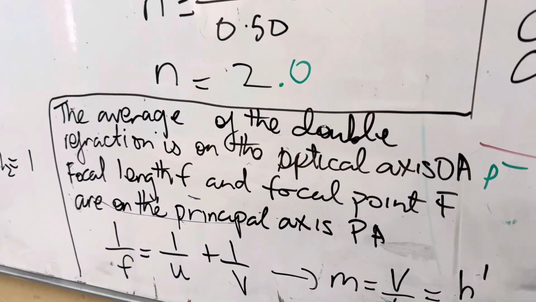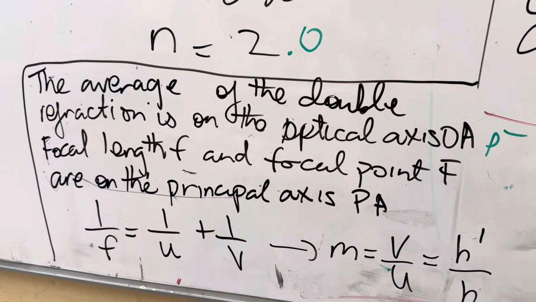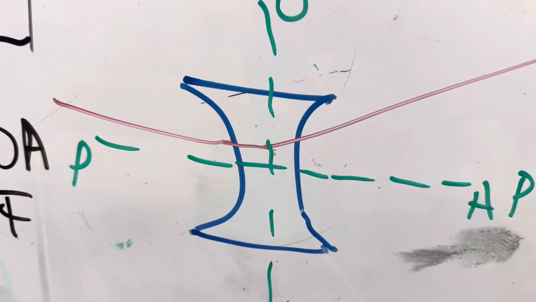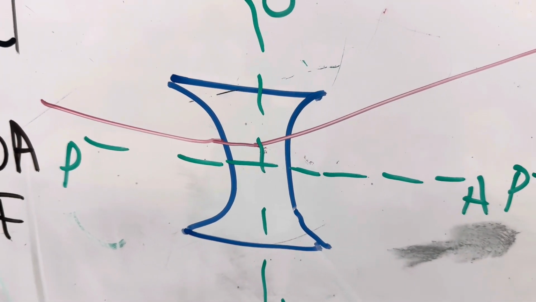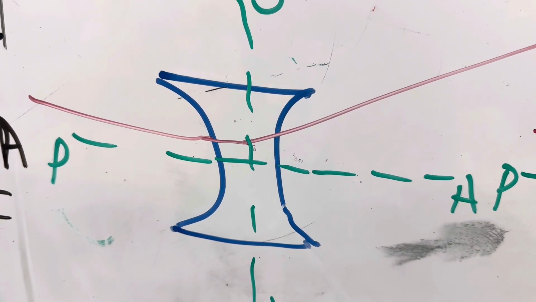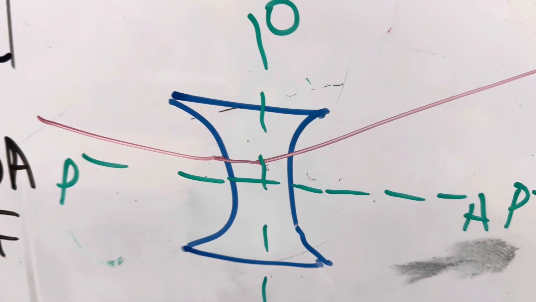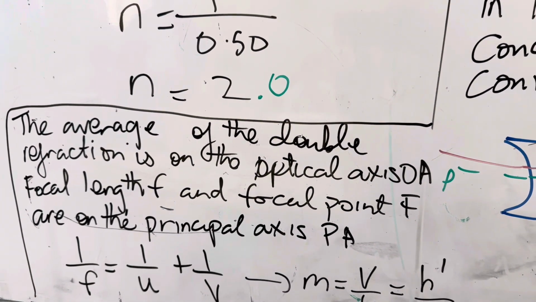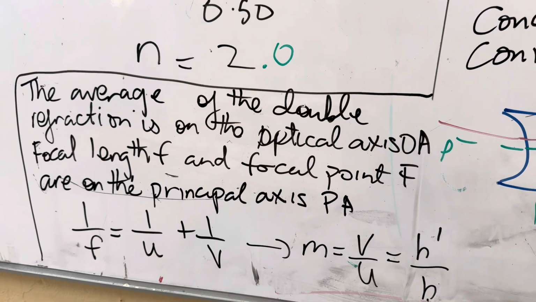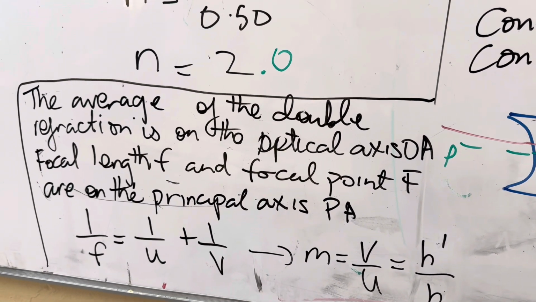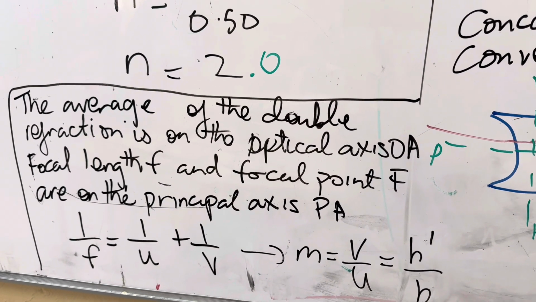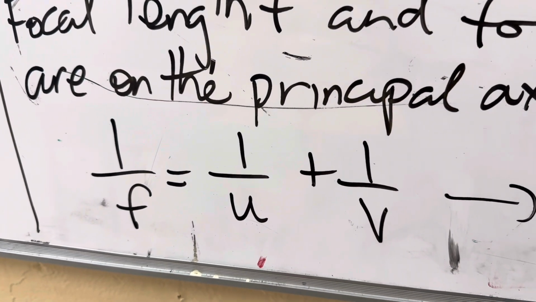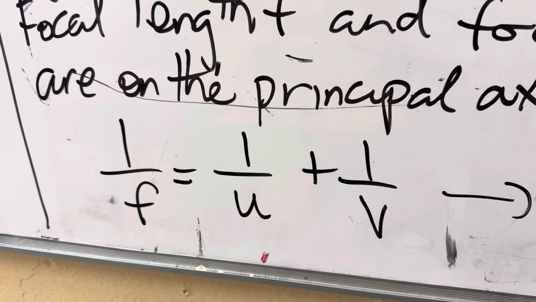Here we have the average of the double refraction on the optical axis. So we would have refraction happening at the two surfaces, but for the diagram, the refraction is happening at the optical axis, which is the average, right, of the two surfaces. So the focal length f and the focal point F, small and capital F, are on the principal axis. This is the equation for the focal length: 1 over f is equal to 1 over u plus 1 over v.